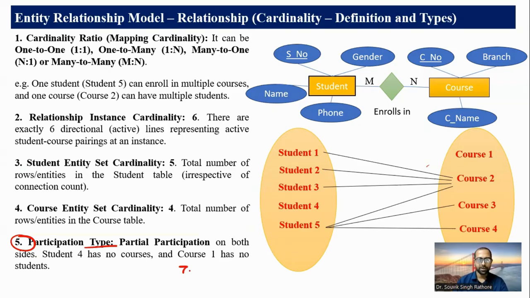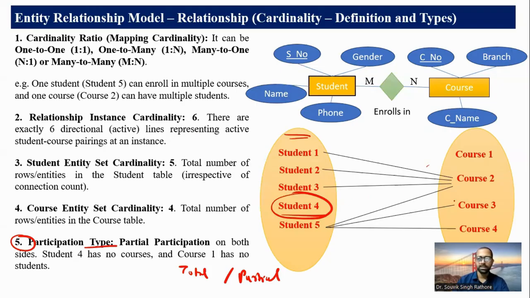So we have total participation or partial participation. Look at student 4 here. Student 4 exists in the student entity set even without participating in the enrolls in relationship. Therefore, participation of the student entity set is partial.